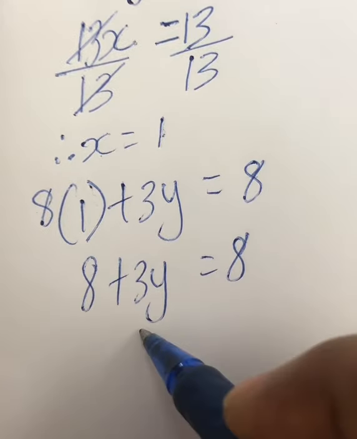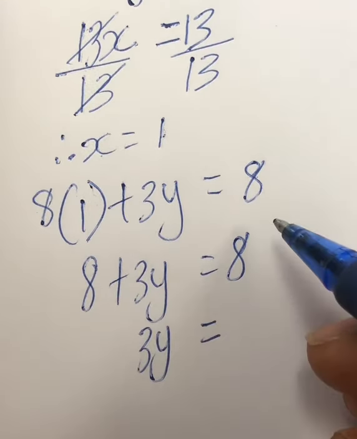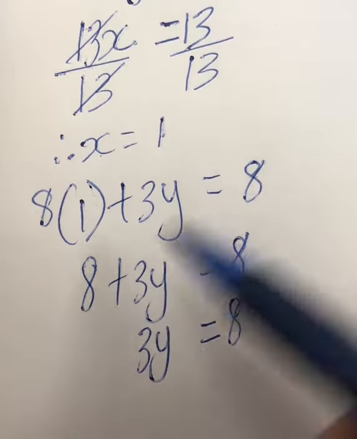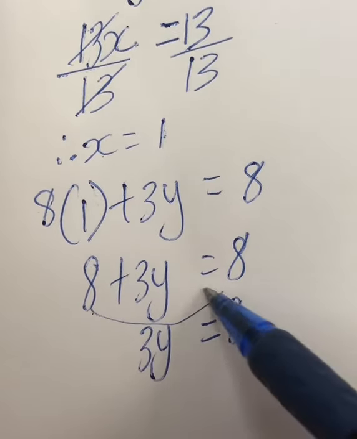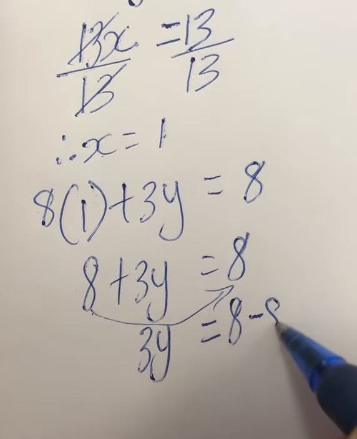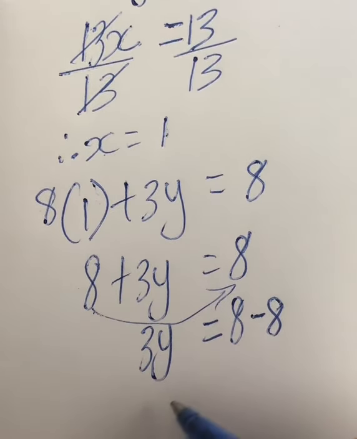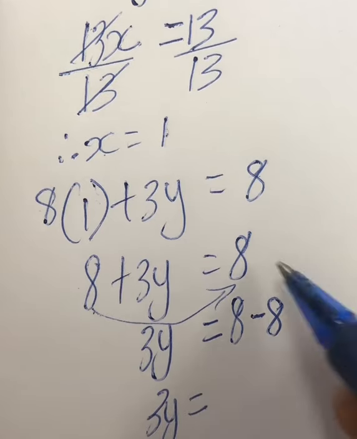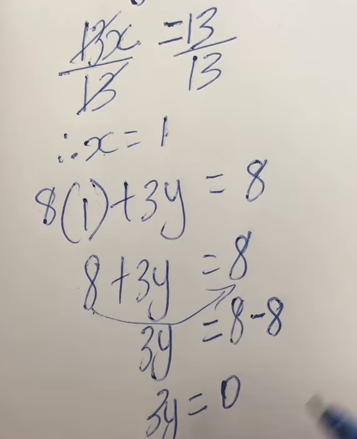So I keep my unknown, my y on this side. I rewrite my 8 and I take this 8 across. Note this 8 is a positive here. So when it goes across, it's going to become a negative. 3y is equal to 8 minus 8 is 0.